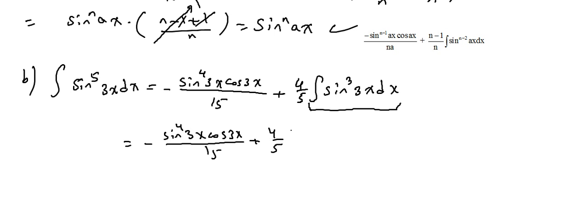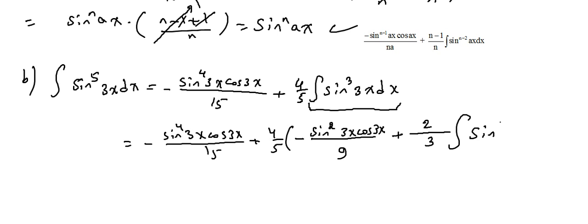right, minus again, but now a is 3, but n is also 3. So the answer is minus sine to the power n minus 1, it's 2, 3x cosine 3x over n times a, 3 times 3, it's 9, and plus again, right, n minus 1, which is 3 minus 1, 2 over 3, integral of sine n minus 2, it's sine power 3 minus 2, it's power 1, 3x dx.